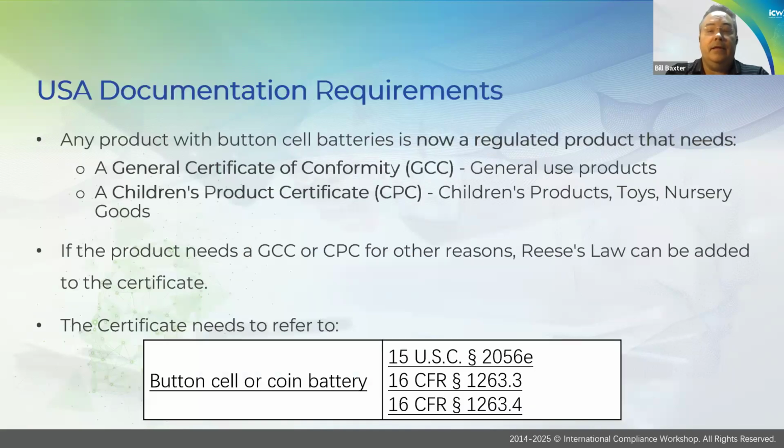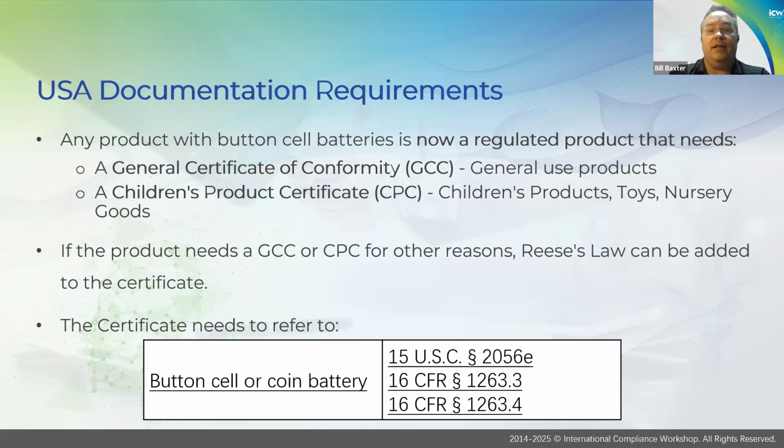So let's see. Which brings us to the documentation requirements. I wanted to bring this piece up because if you are not a manufacturer who deals with normally regulated products, like you're not already in the children's product business, you might not be aware that the US has a certification requirement for any product that is subject to a CPSC rule, ban or standard, and button cells are now one of those.